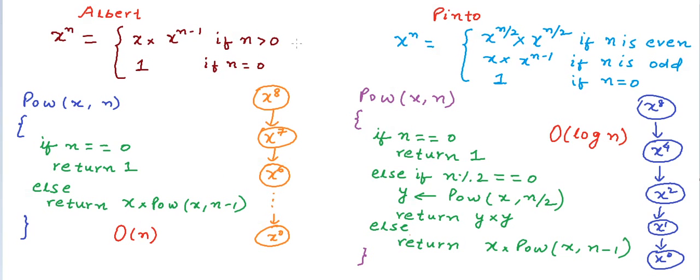How Albert's program is order of n and how Pinto's program is order of log n is something that we will explain in another lesson. We will try to deduce it mathematically, but as we can see, Pinto's program, which is order of log n, is a lot more efficient than Albert's program.